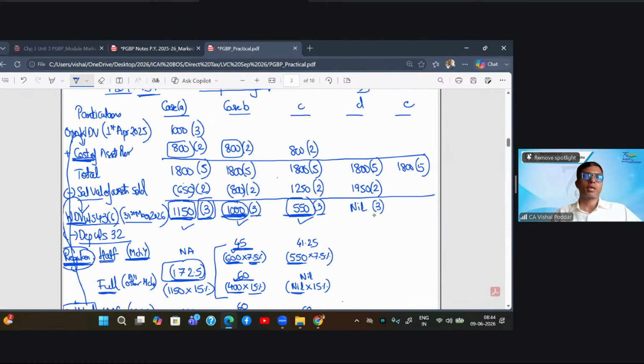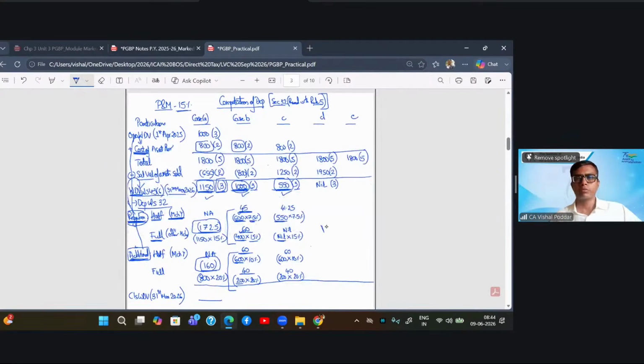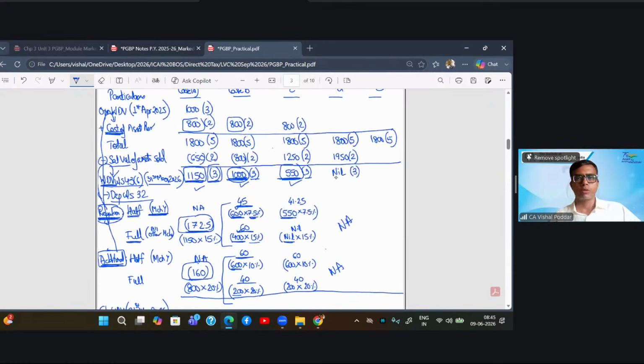Now will come the scenario where you cannot compute depreciation. Why? Simply, no value, no depreciation. When there is no value left, how can you compute depreciation? So now you will not have depreciation working. Why? Because one of the values is zero.